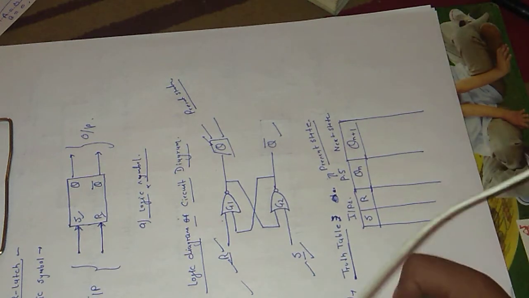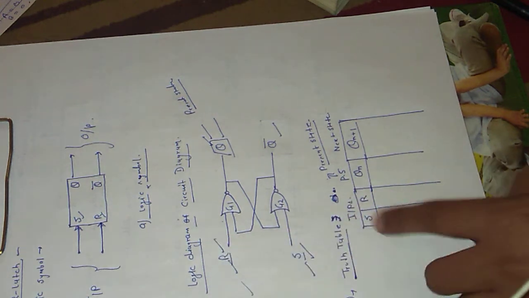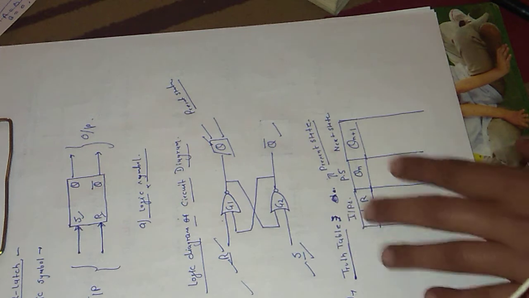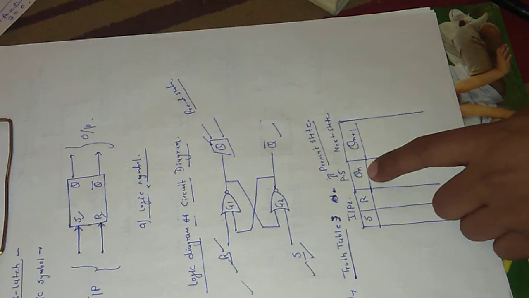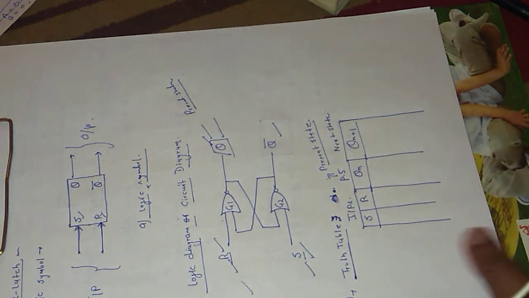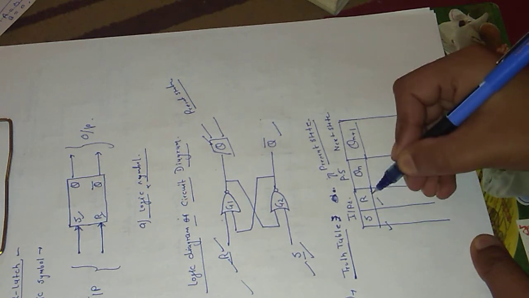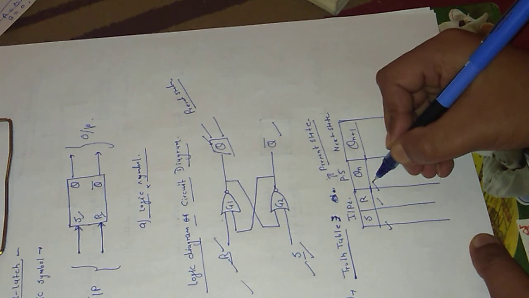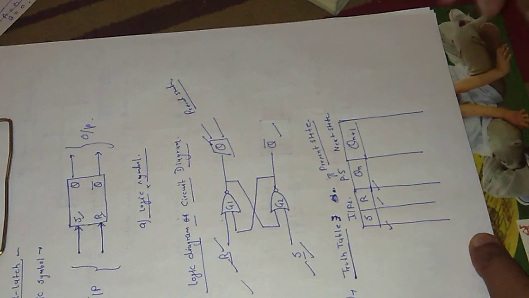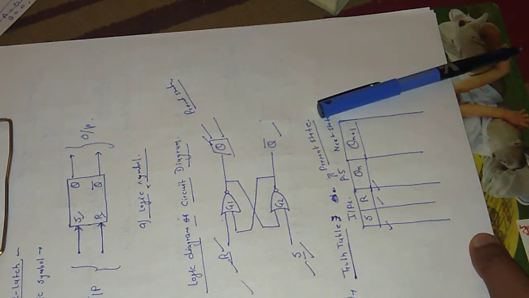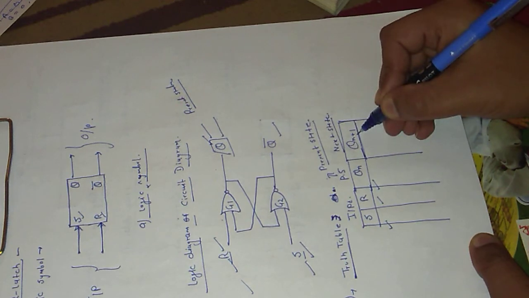So in this truth table, we start with the current inputs, S and R. After that, we put the present state value, represented by Qn. Depending on the current values of the inputs S and R and the present state, the output state will change, and we get a new state, known as the next state, represented by Qn plus 1.